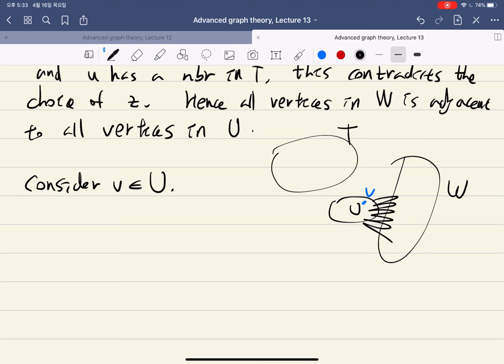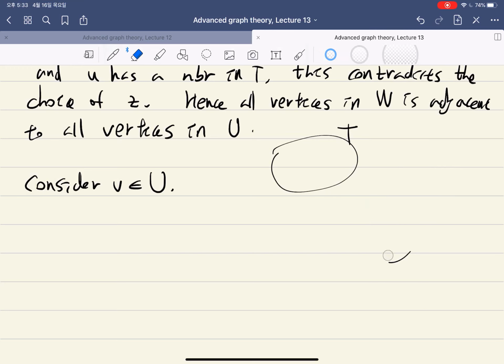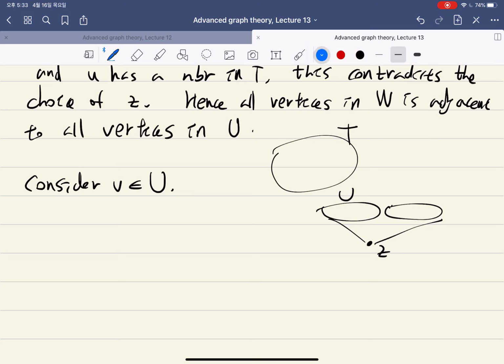Then what do we know? Again, let's draw it in a better way. G, U, and other neighbors, say V. Then this B sends one neighbor in T. And then we say that the graph is regular.